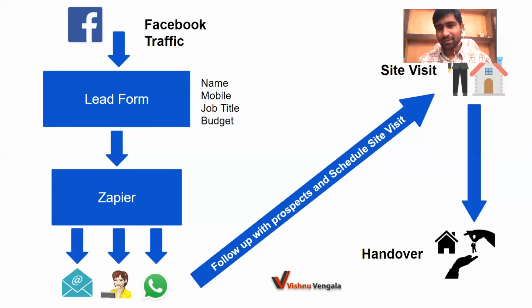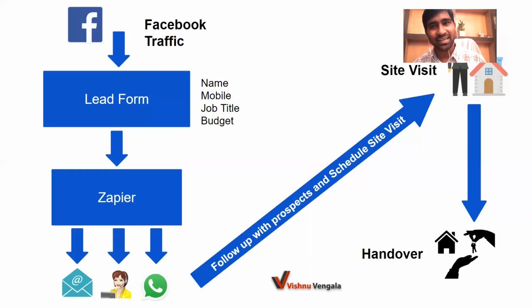We see more than 10 to 15% of the people who fill up the details come to the site visit when you call these guys immediately. So you have to call these guys in a few minutes. If you are in a competitive area with lots of competitors, if you are in real estate, you have more competitors, and if they are also running lots of ads, make sure that you implement this real estate Facebook funnel and call them immediately.